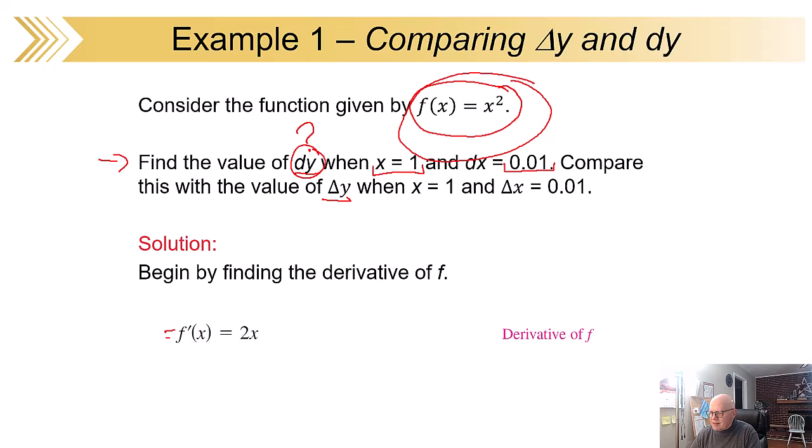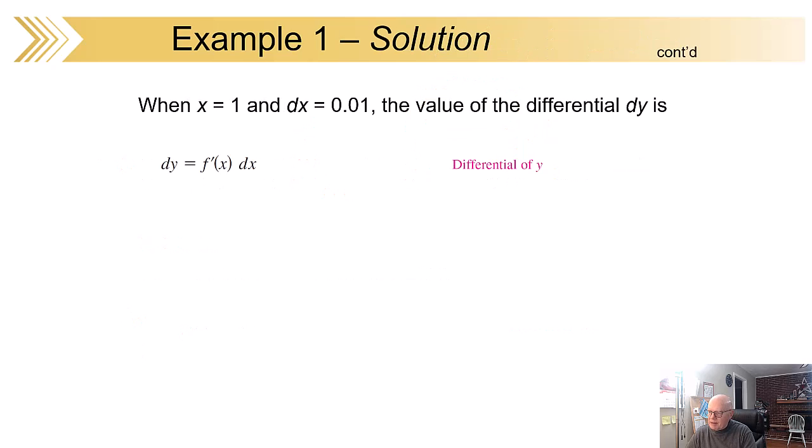Remember, this is the same thing as dy/dx. Now I'll multiply both sides by dx, and now we have this. That's our differential equation. Now this was the question. When x equals 1 and dx equals 0.01, what is dy equal to?